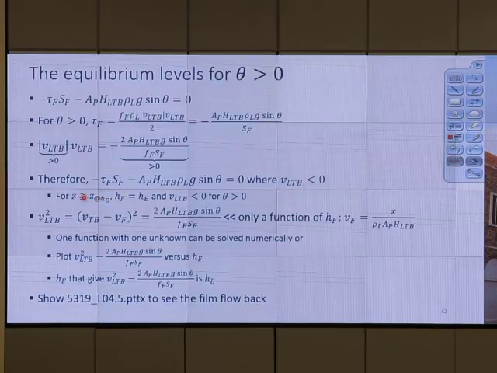For Z greater than that, do you think the liquid height will get smaller and smaller, or will it go up? What do you think, Arya? What happens to the liquid height after the equilibrium height? It gets smaller and smaller and smaller.